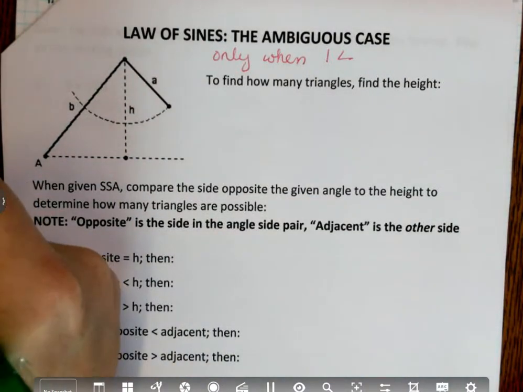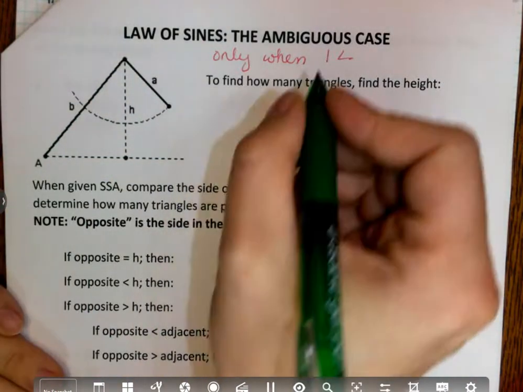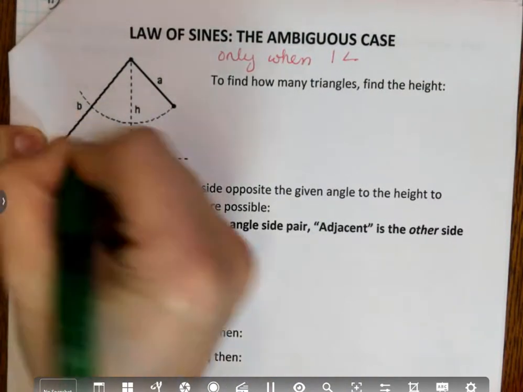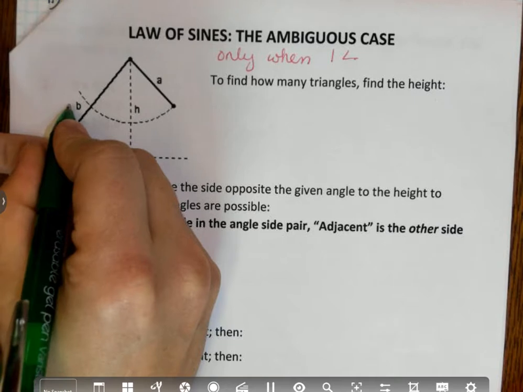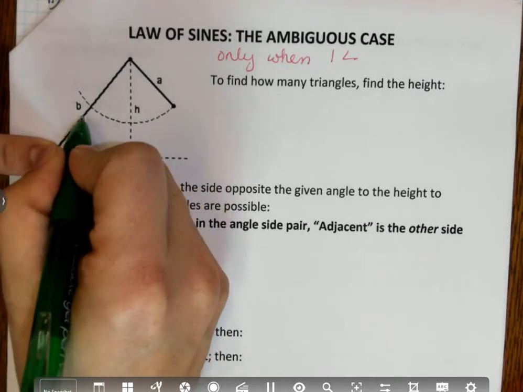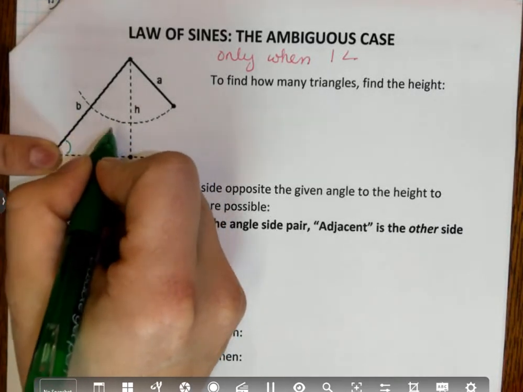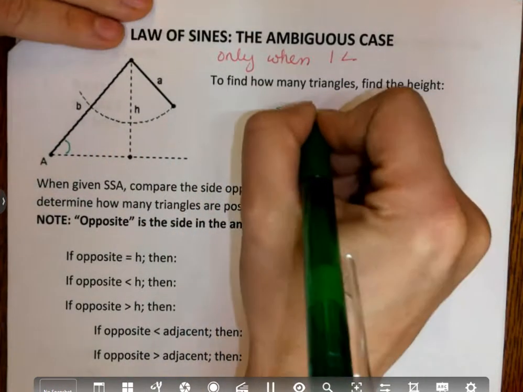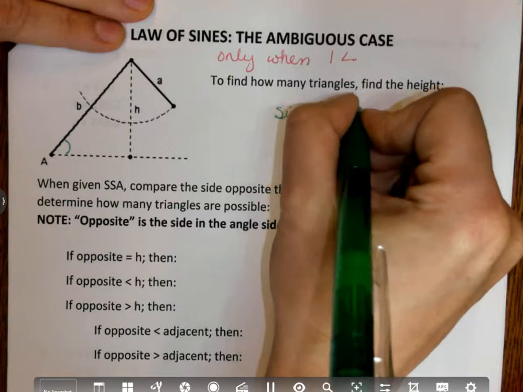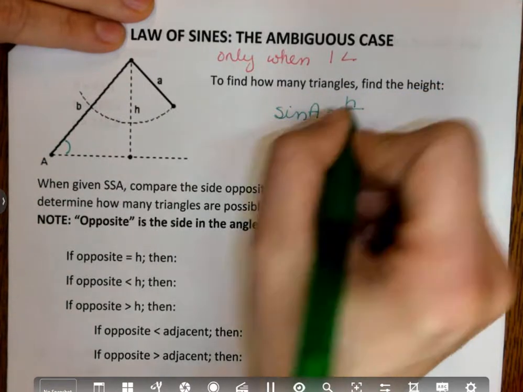So the first thing that you do is you find the height. And to do that, you're going to say, this is my angle. This is the height. This is the hypotenuse. So what uses opposite and hypotenuse? Sine. So I'm going to say the sine of my angle is the opposite over the hypotenuse.